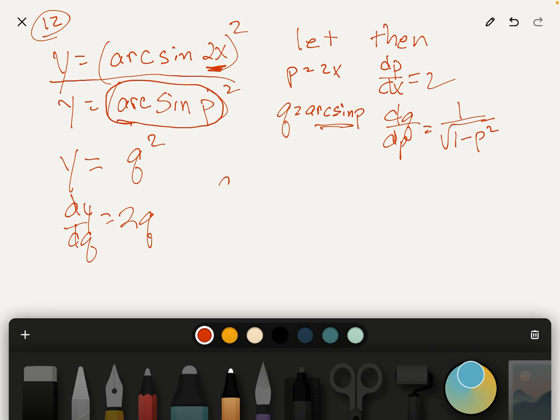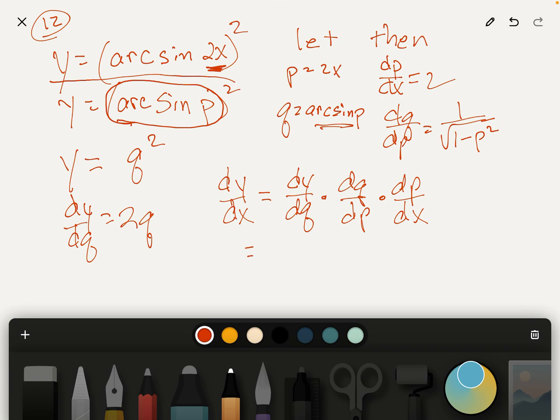And of course we want y prime, which means what we want is dy dx. Do everything in terms of x. But our algorithm tells us to start with dy dq, multiply it by dq dp, and multiply that by dp dx.